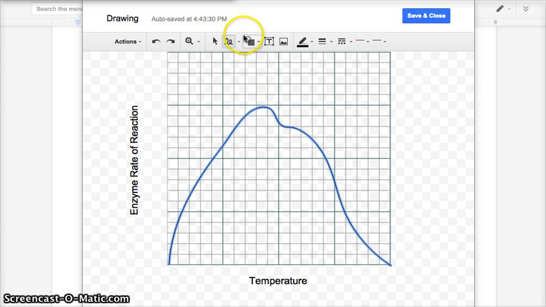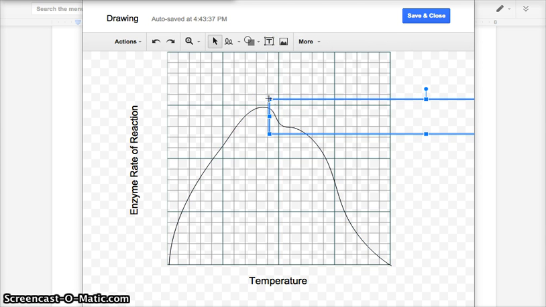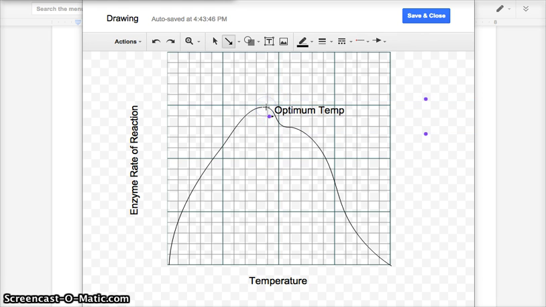All right, and then I'm going to indicate where the optimum temperature is. So optimum temp is basically, if I take another line here, right here.